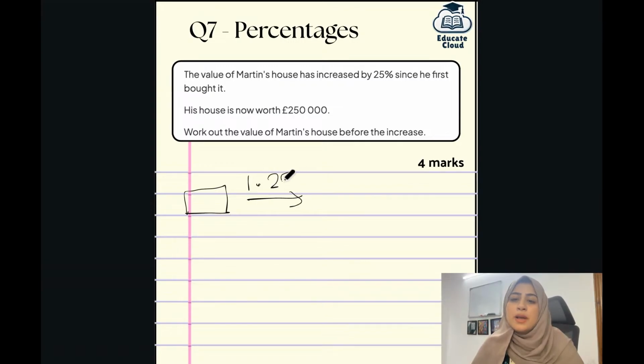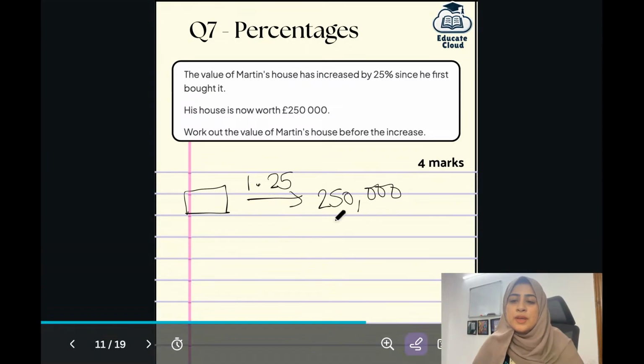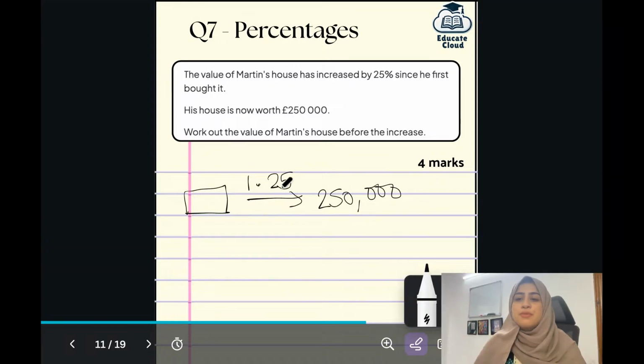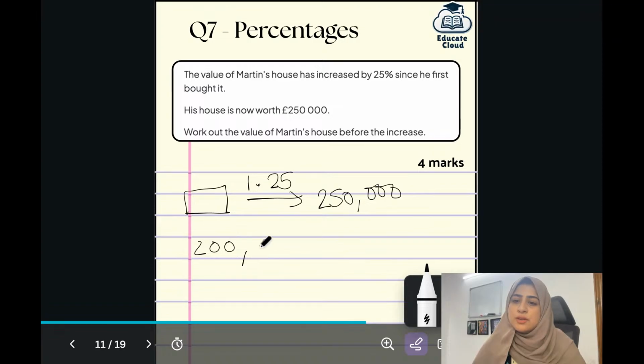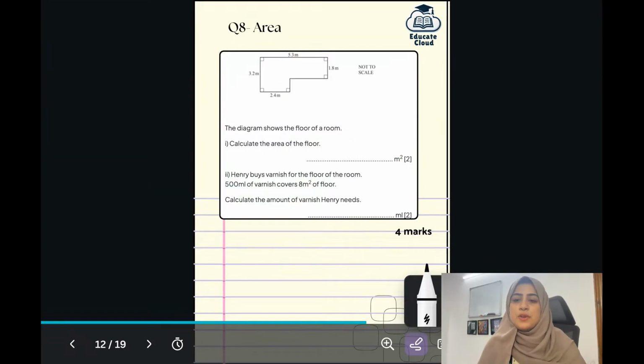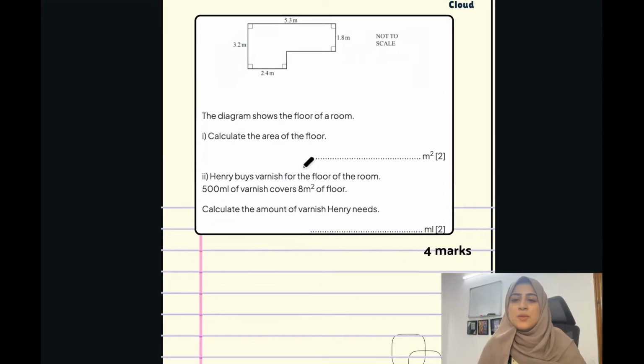So the multiplier is 1.25, and the new price is 250,000. To get the old price before the increase, we would just do 250,000 divided by 1.25. So that is £200,000 before the increase.